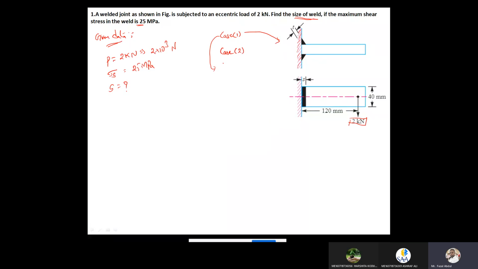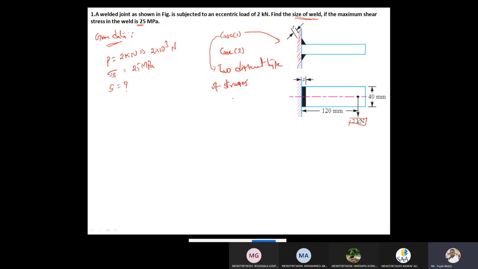Now, as per the case 1 procedure, this type of joint is subjected to two different types of stresses. What are those? First is the direct stress, otherwise the primary shear stress.